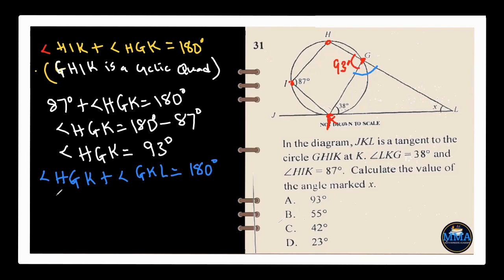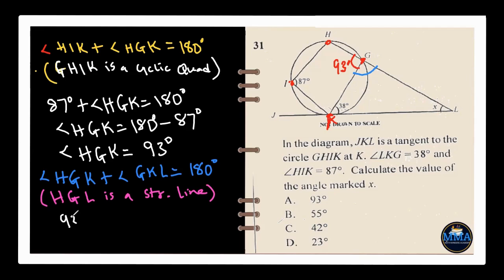Of course, our reason is the fact that they are angles on a straight line, so we quote that HGL is a straight line. So proceed now. Angle HGK is 93 degrees.